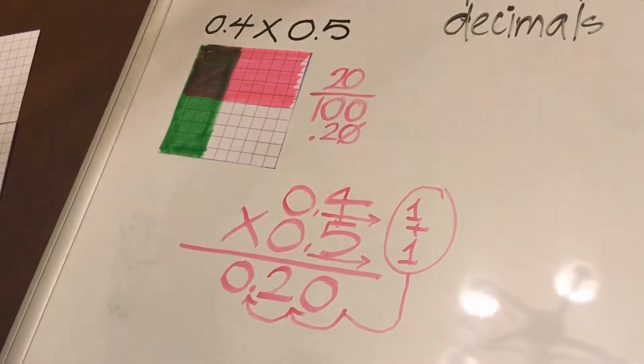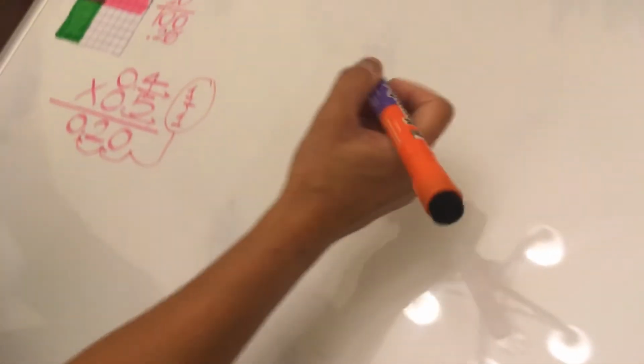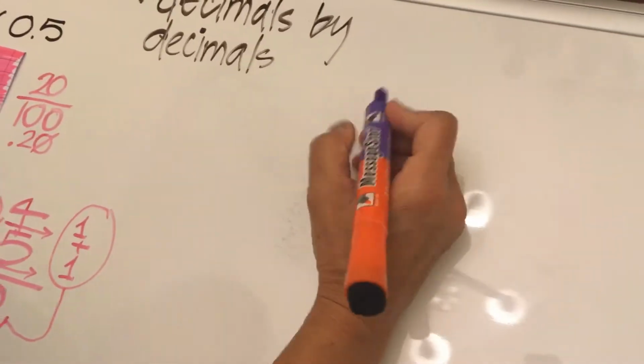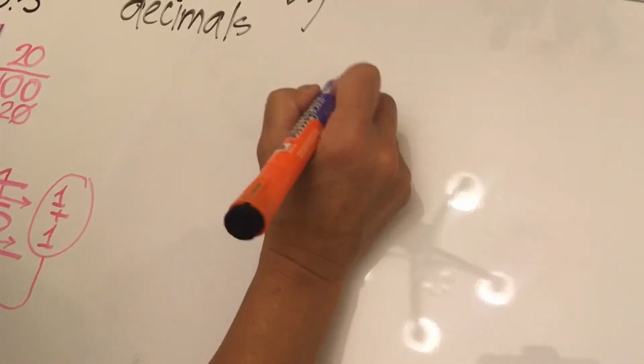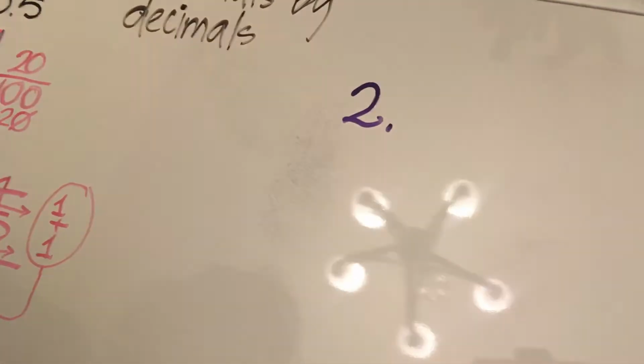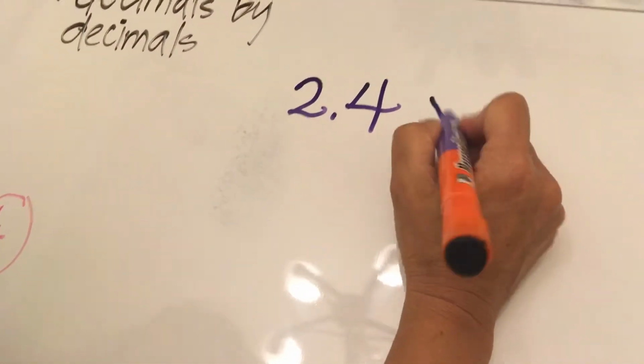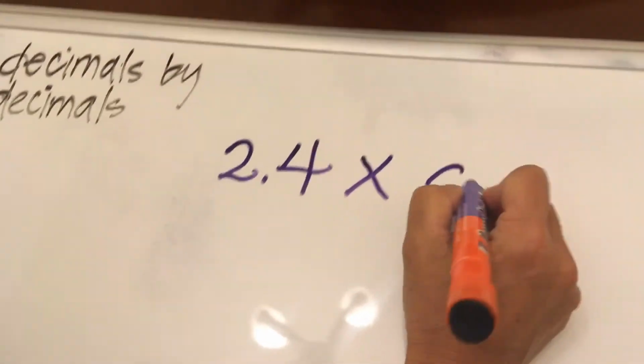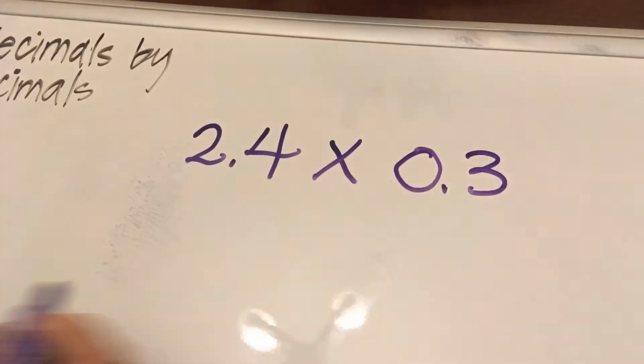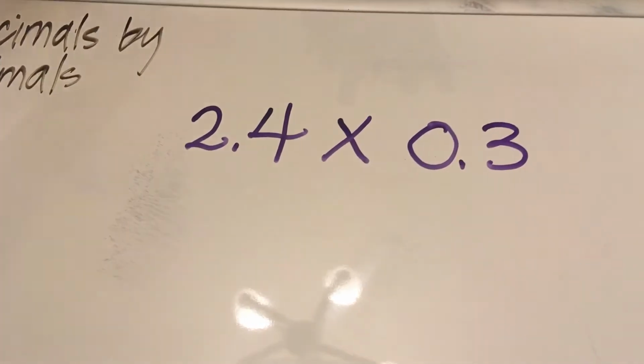Now we're going to move over here and work with a bigger number. The bigger number this time is going to be greater than 1. We're going to go with 2 and 4/10, and I'm going to multiply that by 3/10. This is what everybody gets so confused.